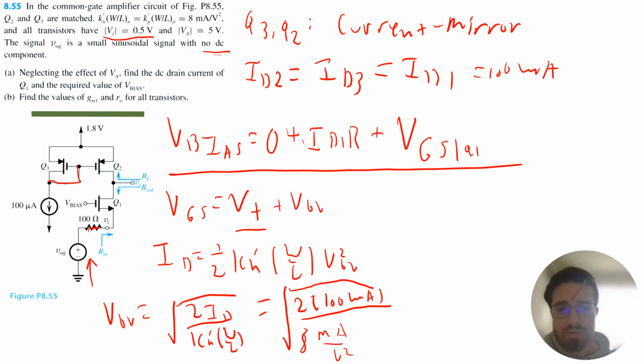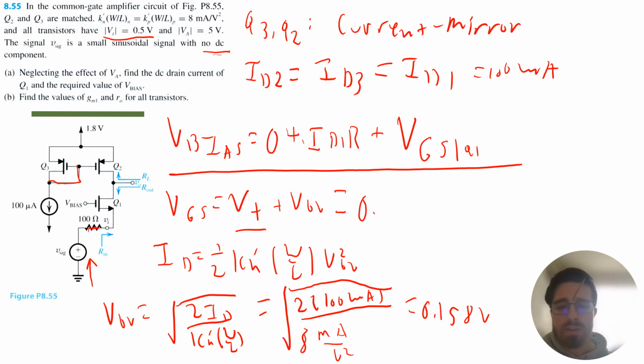Be cautious that the drain current has the unit micro, which is 10 to the negative 6, and Kn prime W over L is in milliamp, which is 10 to the negative 3. And then if I crunch these numbers, we should get that V overdrive is equal to about 0.158 volts.